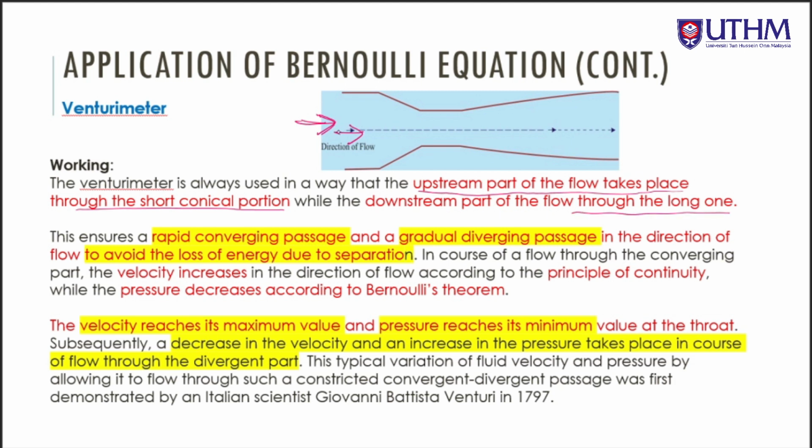Okay, dia bergerak from left to the right. Okay, why? Because this ensures a rapid converging passage. Kan kat sini dia akan rapid converging of the flow dekat sini, and a gradual diverging passage in the direction of flow, in order to avoid loss of energy due to separation.